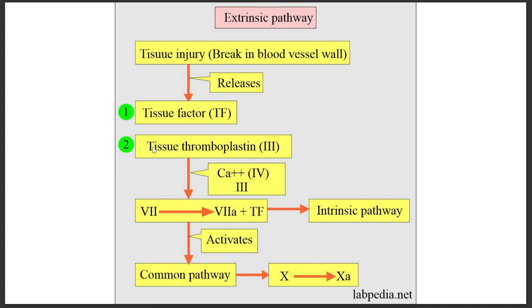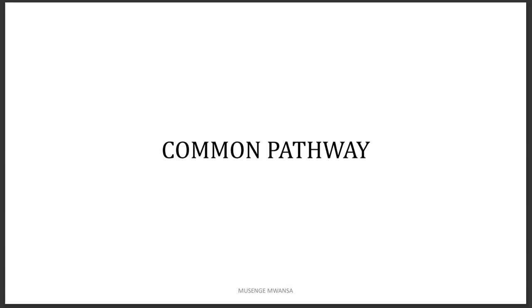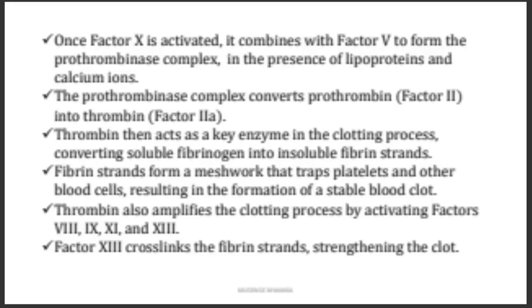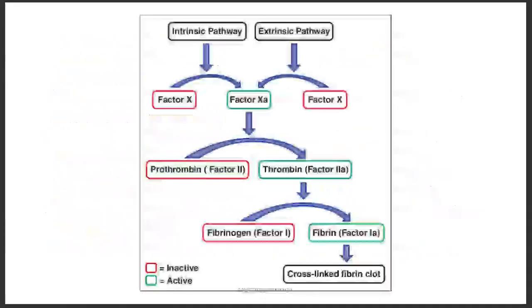Now the process by which factor 3 is going to convert factor 7 to 7A involves some calcium. So basically extrinsic is just factor 3 which has been released, and then factor 3 converts 7 to 7A, just that. And then now we're going to have the common pathway. The common pathway is the one which joins the extrinsic and the intrinsic pathways. So then this is what we are going to have.